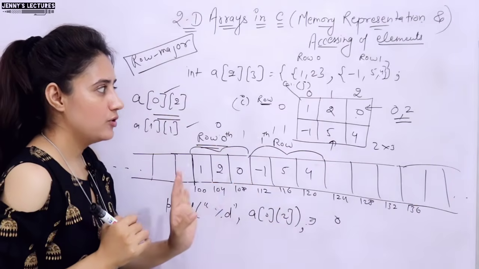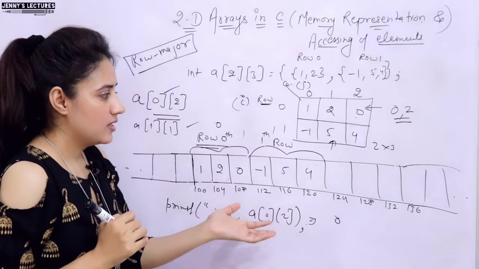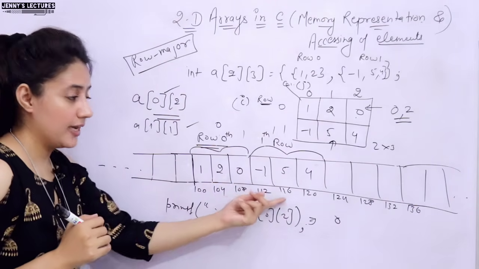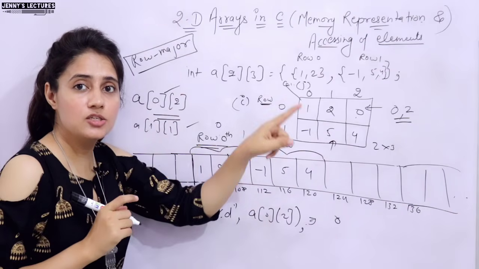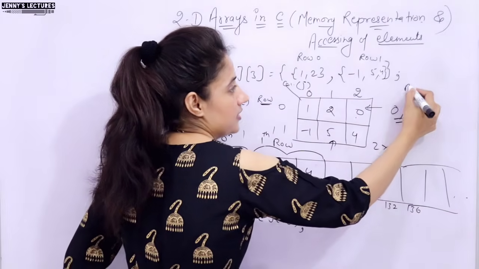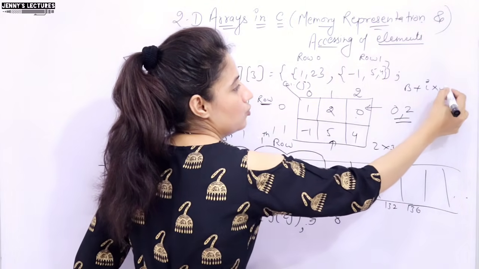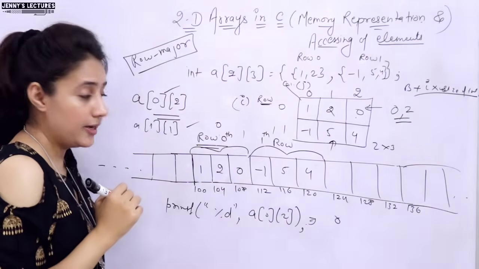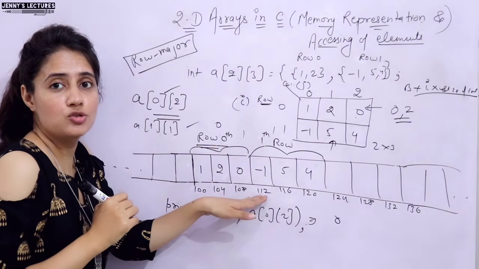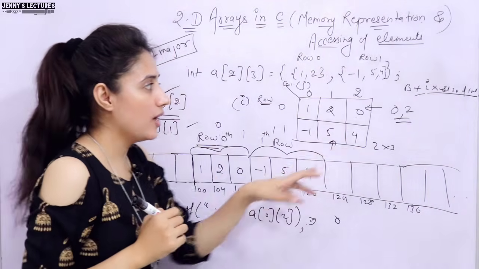That we will discuss in the next video, and in that video only I will discuss how the address is to be calculated. Like in the previous video I discussed for a 1D array how the address is calculated: base address plus index into size of data type, where we have taken int. But here, how is this address to be calculated, because we have 2 indexes, i and j?